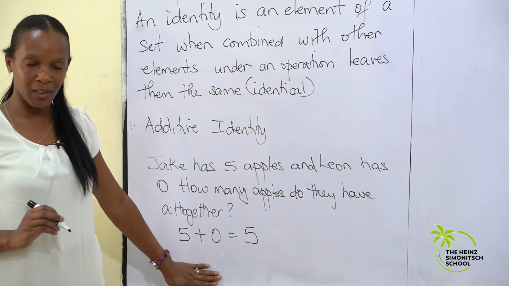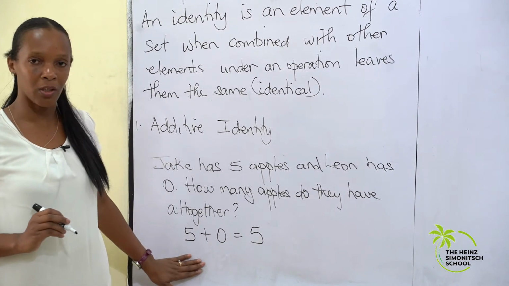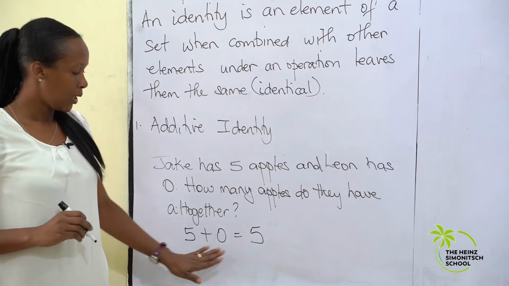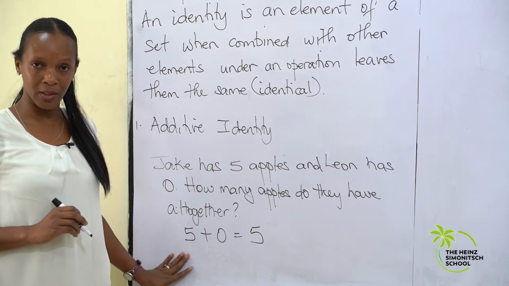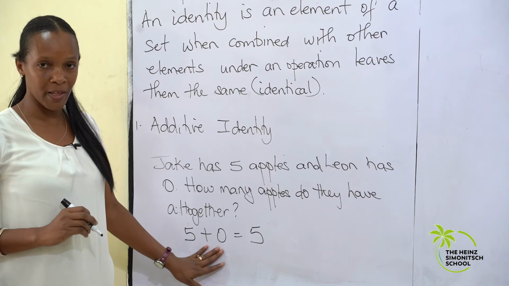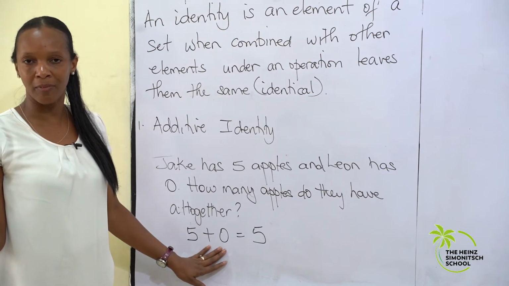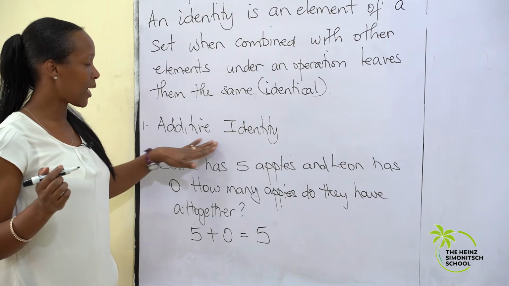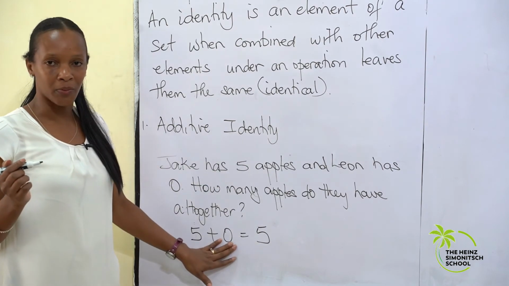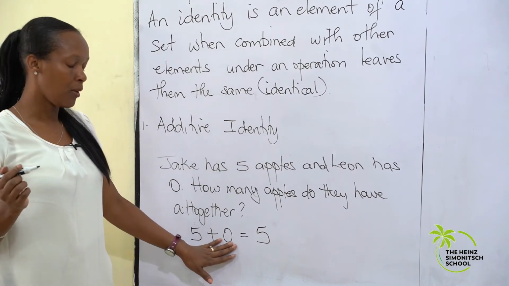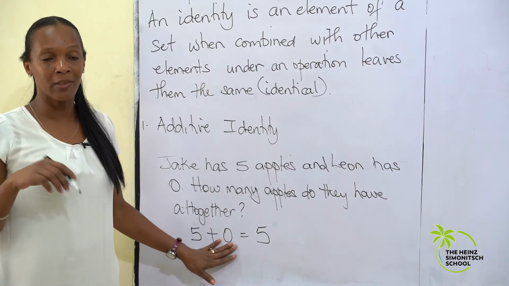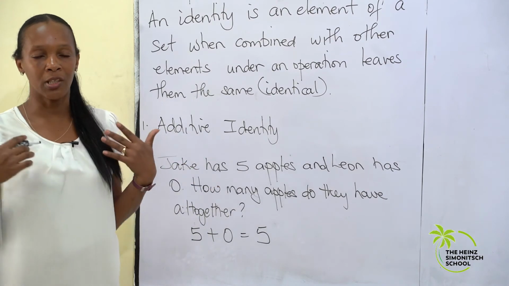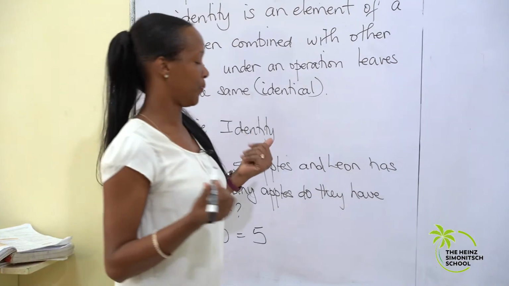So in this case, for addition, 0 being added to 5 left the number unchanged, because when we add 0 to 5, we still get back 5. So for addition, or the additive identity, 0 would be the additive identity, because when we add 0 to any number, we get back that same number. The operation is unchanged.